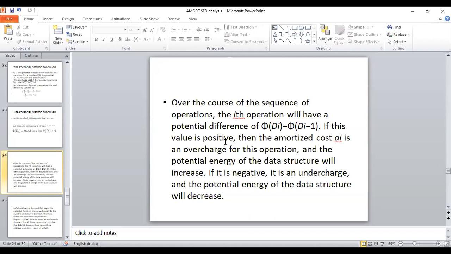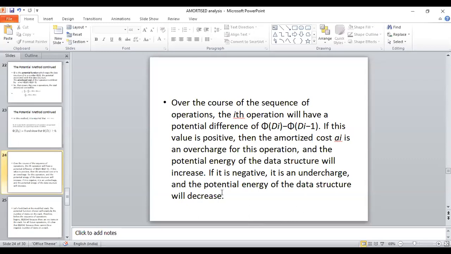If phi of Di minus phi of Di minus 1 is positive, then the amortized cost A is an overcharge for this operation and the potential energy of the data structure will increase. If it is negative, it is an undercharge and the potential energy of the data structure will decrease.